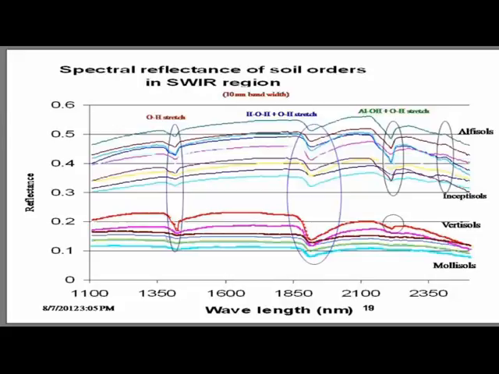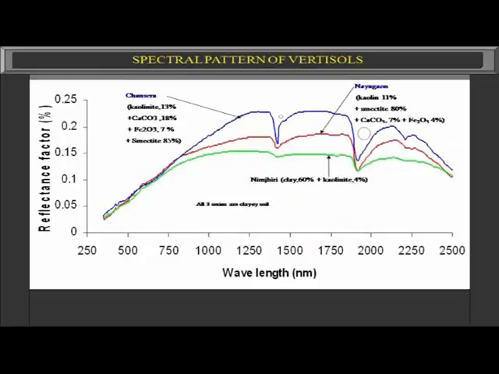When you look at a mineral, the absorption bands are because of some unique interaction of that molecule with the electromagnetic spectrum, which is a unique characteristic of that mineral, based on which one can characterize the difference of that mineral from other classes. Look at the clays, the vertisols, where you have different percentages of kaolinite and smectite, and the reflectance pattern is changing.